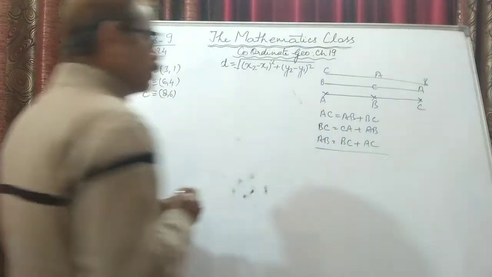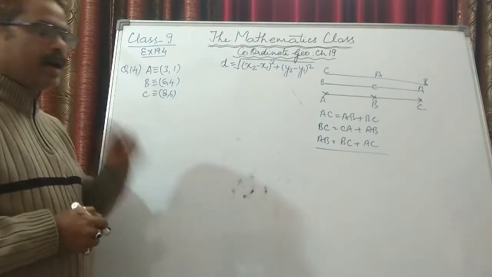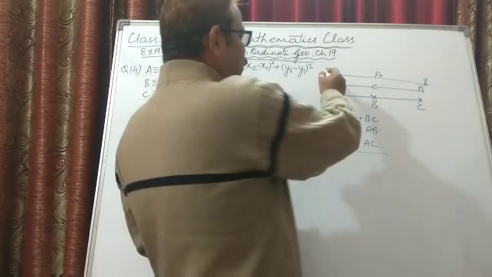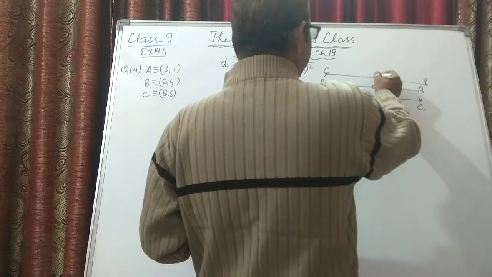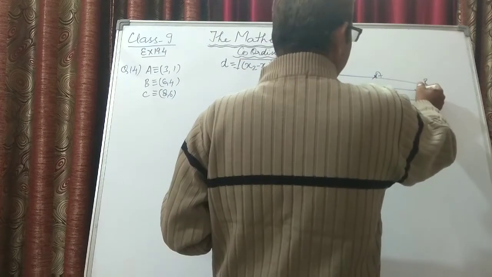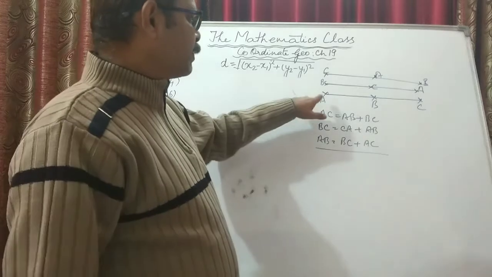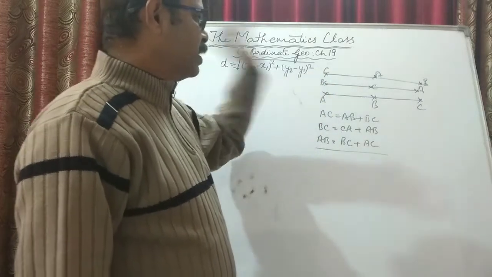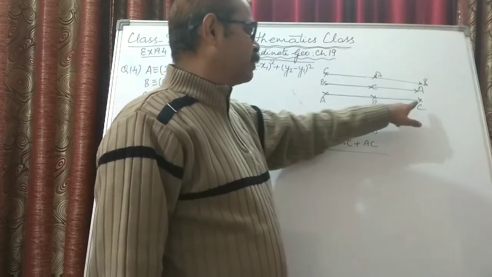Now what is the meaning of this? If there are 3 points and they are collinear, means they are in a straight line. So out of these 3 points, any one point can be first, A or B or C. The second point can be any one of the remaining, and similarly the third point.